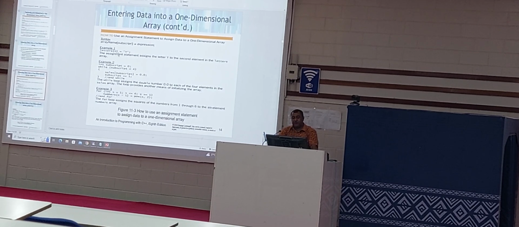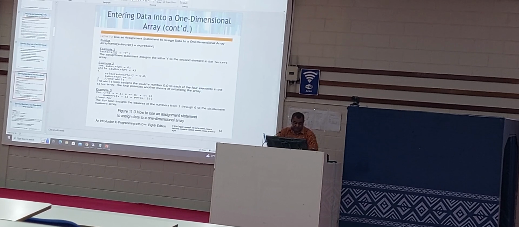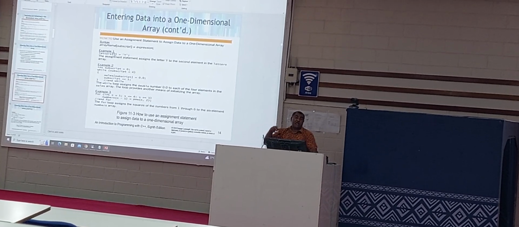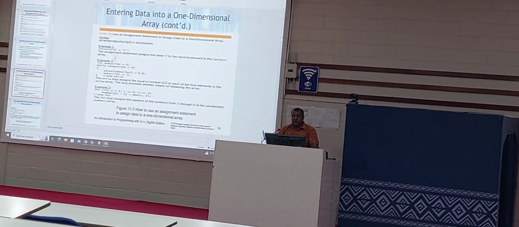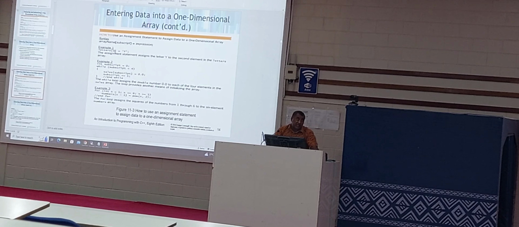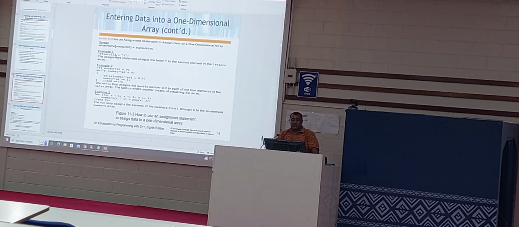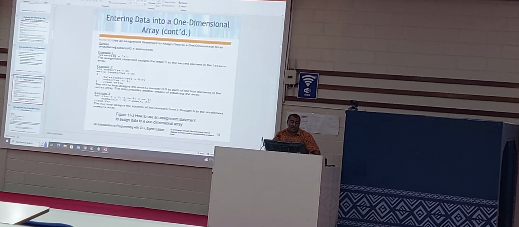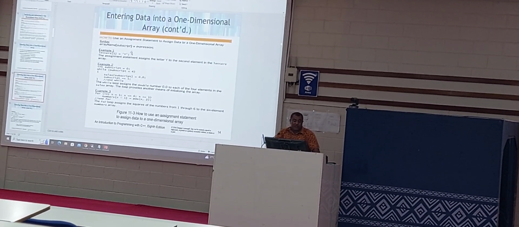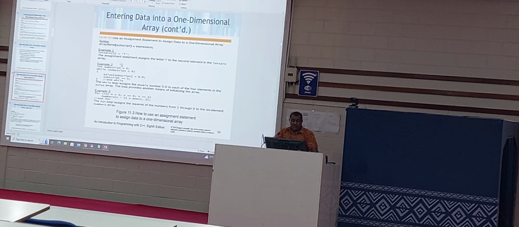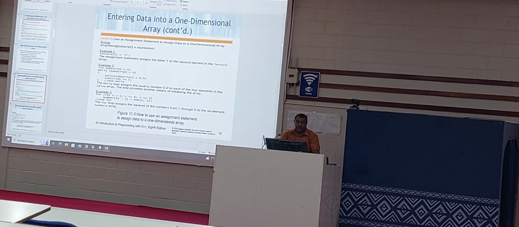The number 1 inside the square brackets is the position in the array which is going to be affected by this value. The first position is always 0, the second position is 1. So whatever value is in that position, the second element in the array, is going to be replaced with the letter Y.